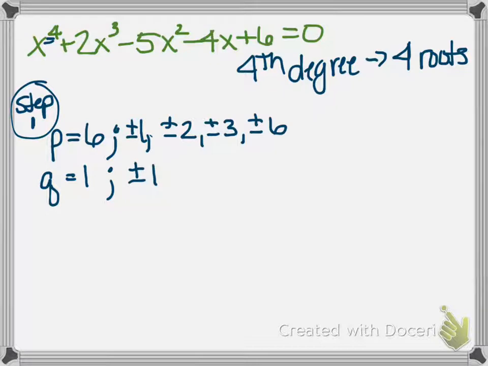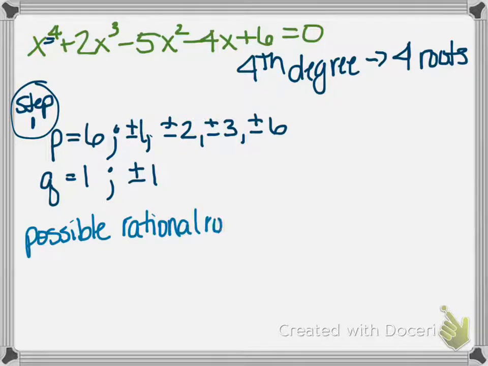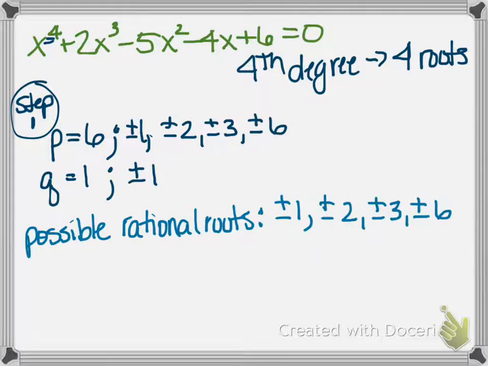So possible rational roots. Again, this is kind of nice because we're just dividing everything by 1, so it's just positive or negative 1, positive or negative 2, positive or negative 3, and positive or negative 6.